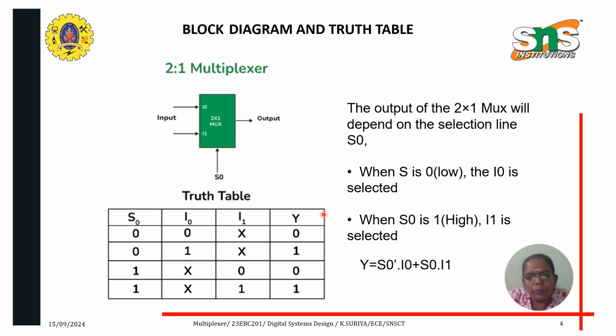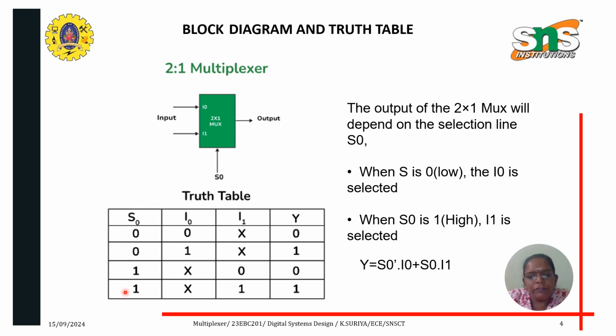So your outputs will be, when both the selection line and the input are 0, the output will be 0, no matter what I1 is. Next one is when selection line is 0 and I0 is 1, the output Y will be 1. So whatever you have in the input I0, the same will be present at the output if the selection line is 0.